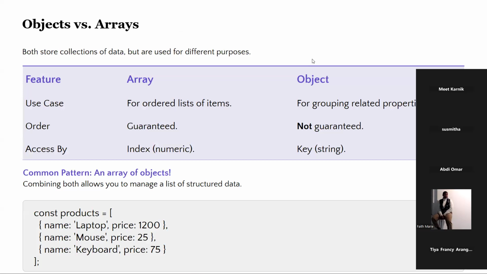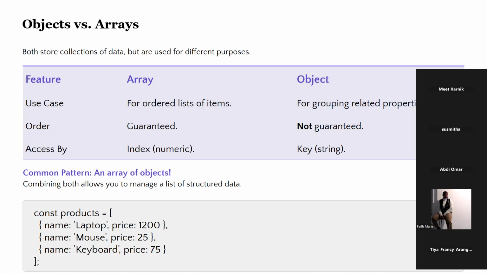Okay, let's try to understand the difference between objects and arrays. They both are collections of data, but they are used for different purposes. Arrays are typically used for ordered lists of items, and objects are used for grouping related properties.